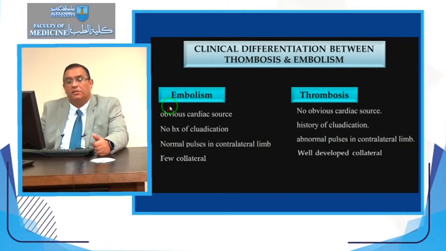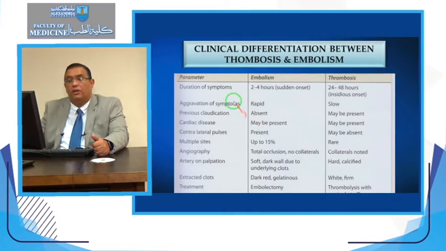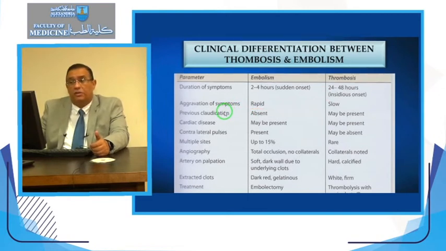In embolism, there are few collaterals, while in thrombosis, well-developed collaterals. The duration of symptoms in embolism has a more sudden onset, about 2 to 4 hours. Thrombosis takes a longer time, but it is also sudden, not insidious. The aggravation of symptoms in embolism is very rapid, while in thrombosis it is slow. Claudication is absent in embolism and present in thrombosis.